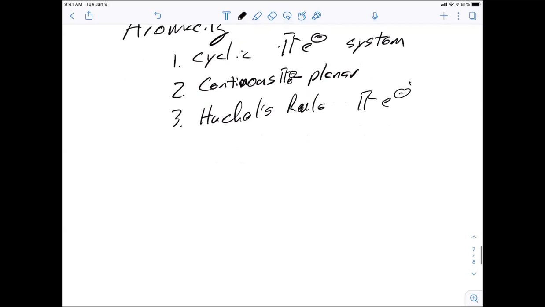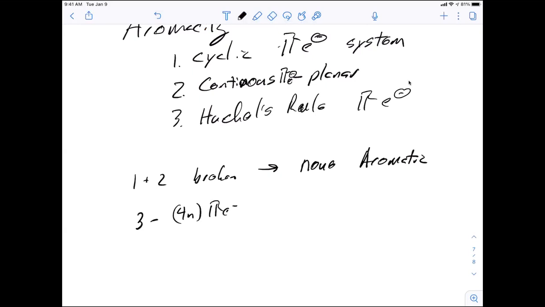So aromatic has to meet this. If 1 and 2 are broken, then that is going to be non-aromatic. And non-aromatic is just as stable as any non-aromatic, right? It's not any worse. But if I end up with not Huckel's rule, but 4n pi electrons, then that is anti-aromatic.